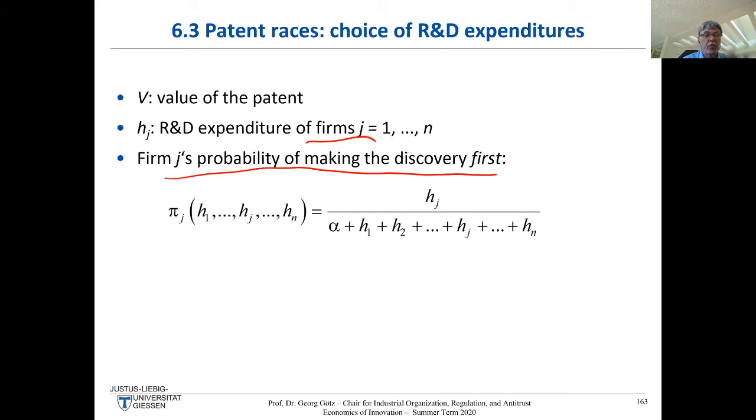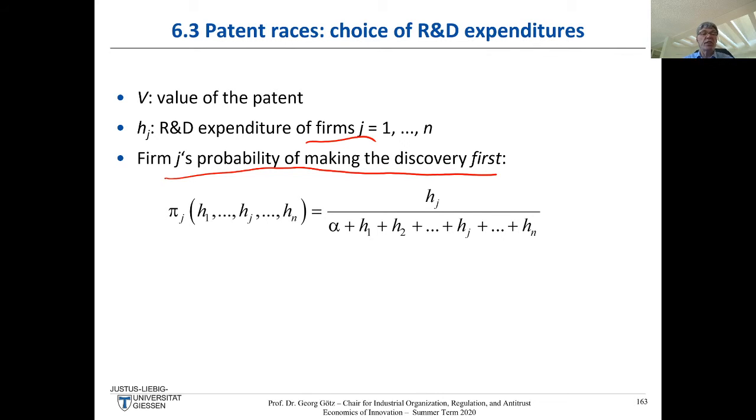Once you compare this with the more complex patent race literature, you see it's really ingenious how he did that, because he modeled it in a rather accessible way and allows us to draw some conclusions from a rather simple setup.